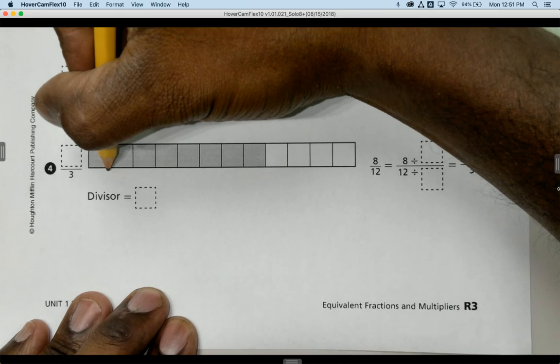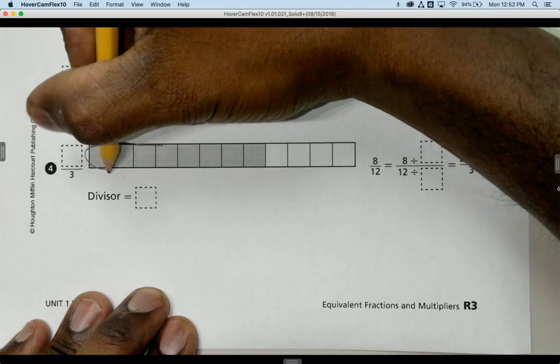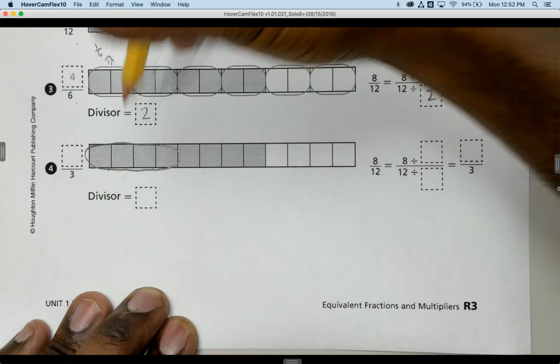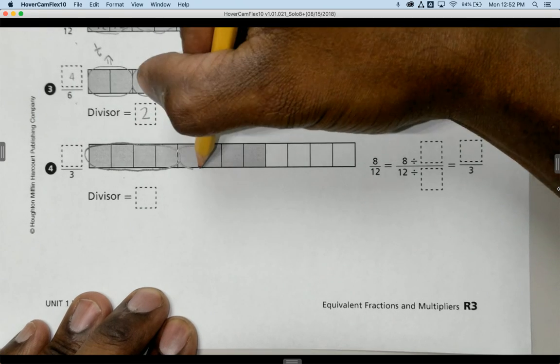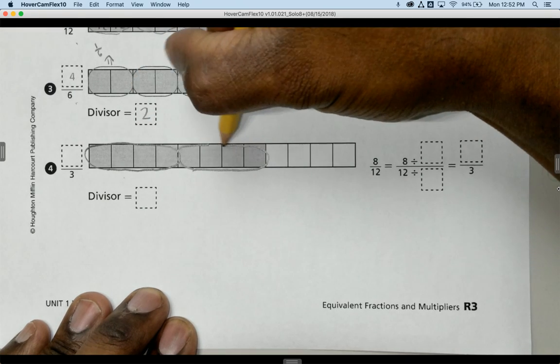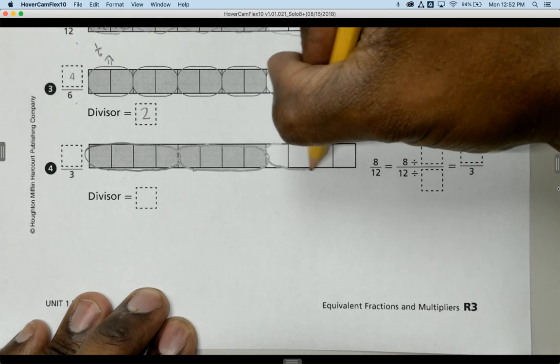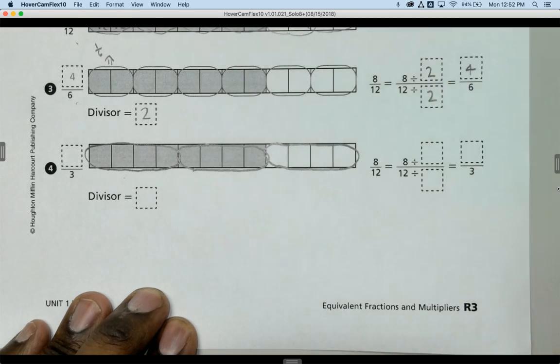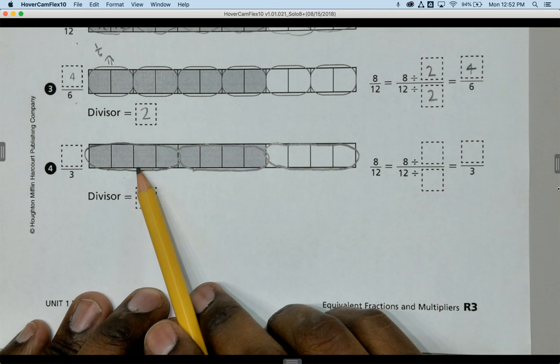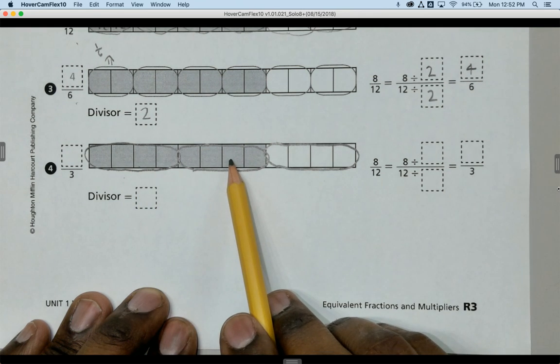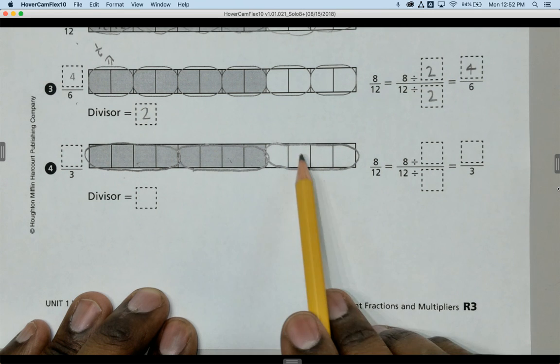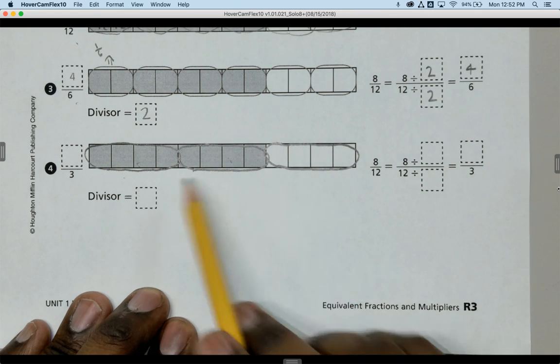That'll look something like this. There's one part, there's another part, and there's another part. We can clearly see that the 8/12 represents 2 of the 3, or 2/3.